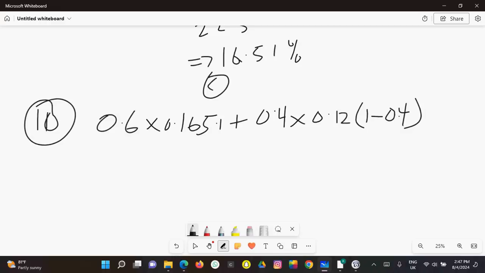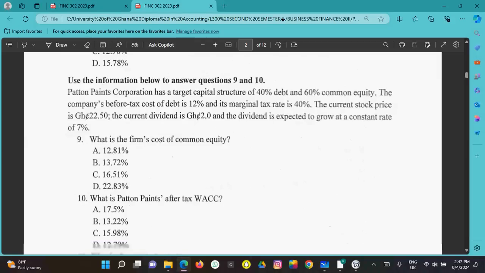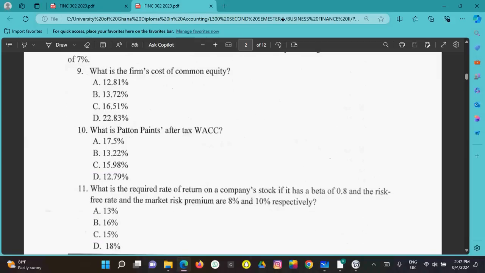For the debt we apply the tax saving. So in all, we are going to get 12.79%. So 12.79% is answer option D.